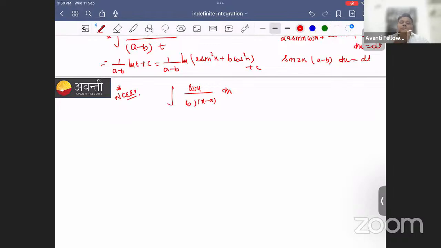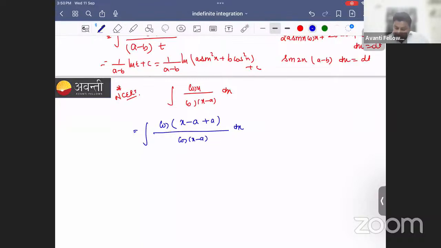Cos x upon cos of x minus a dx. See, I hope you have given it a thought. This numerator cos x can be written as cos of x minus a plus a, upon cos of x minus a dx.